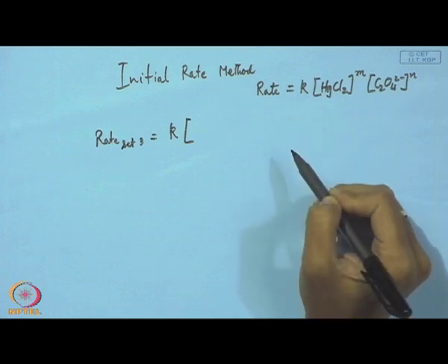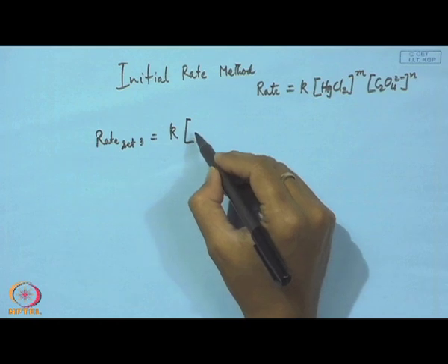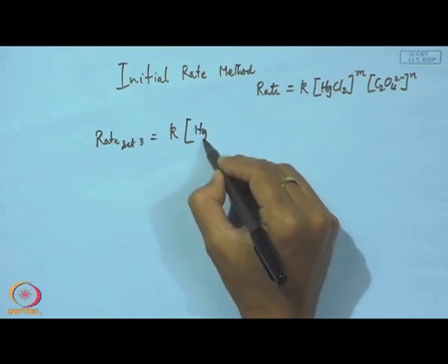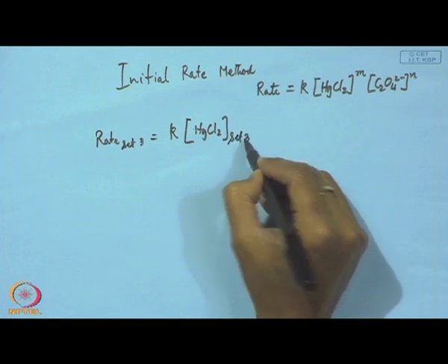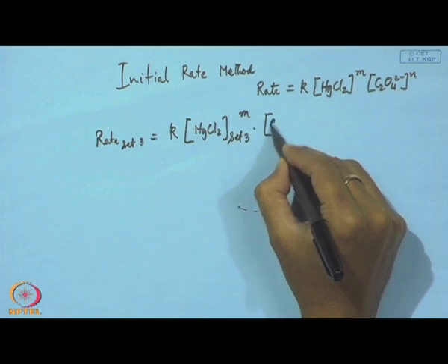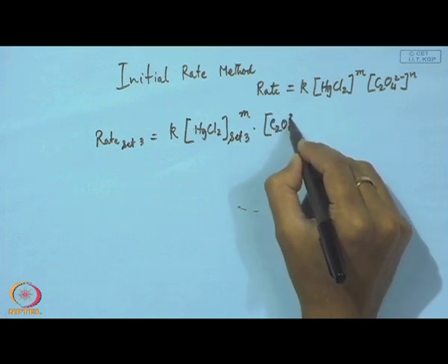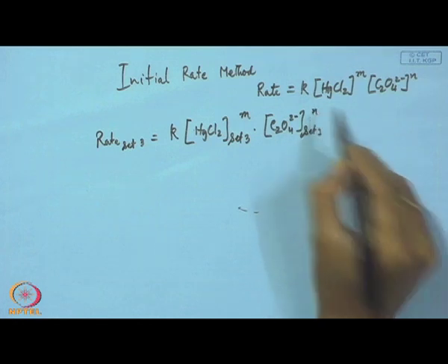So, let us use set 3. Set 3 is K into HgCl2 set 3 to the power m times C2O4 2 minus set 3 to the power n.